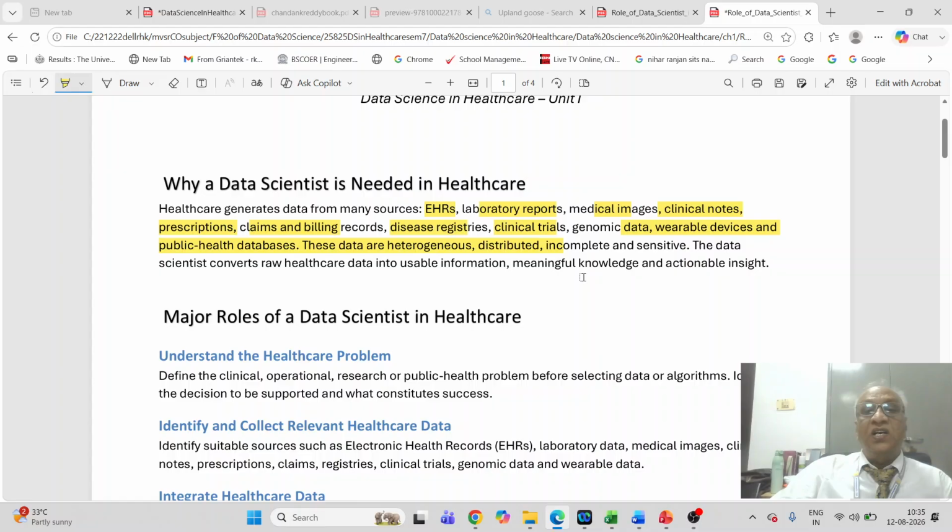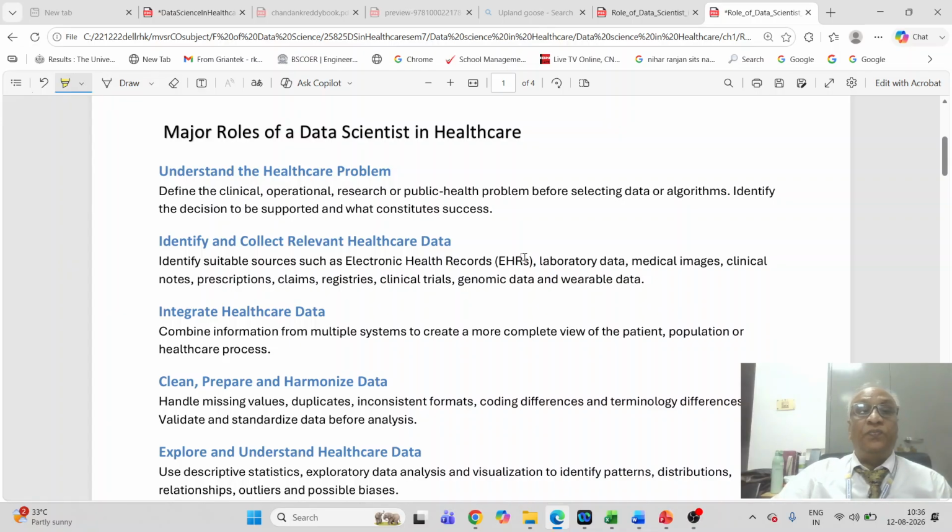So all these data are heterogeneous, distributed, incomplete, sensitive. So naturally, the role of a data scientist is required as he has to convert this heterogeneous raw data into some useful, meaningful data upon which some actionable insight can be derived.